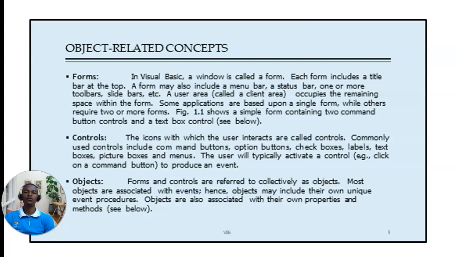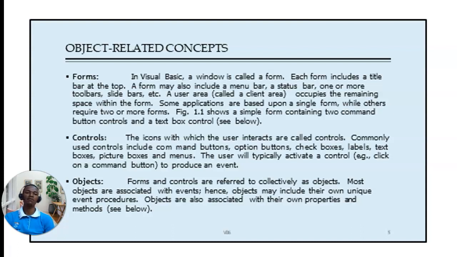It includes a bar at the top of the window. That is the title bar, which defines the title of your project, or rather your form. Number two, it has a status bar which tells the user or the programmer which form is active.